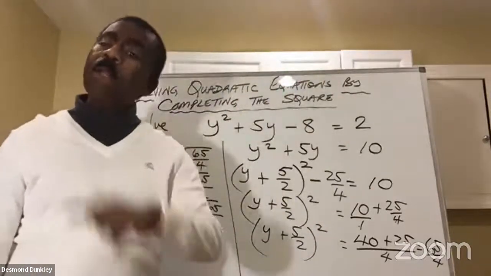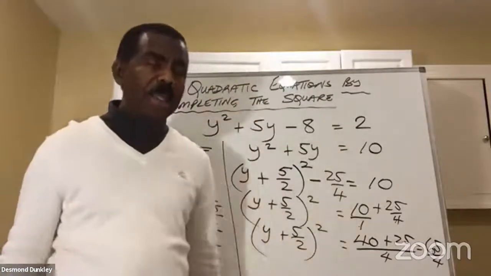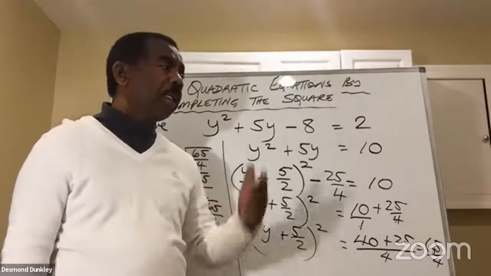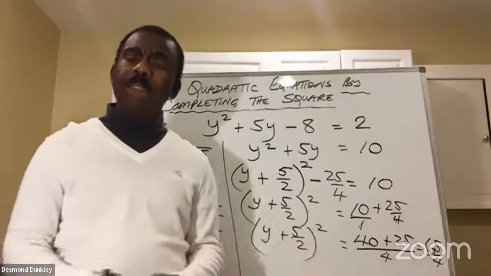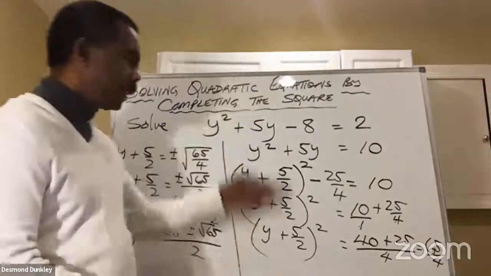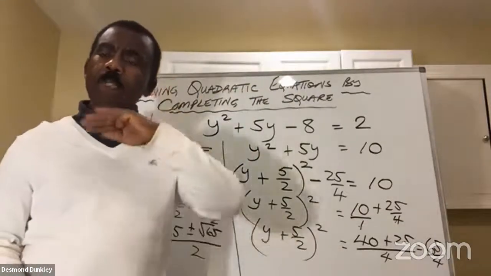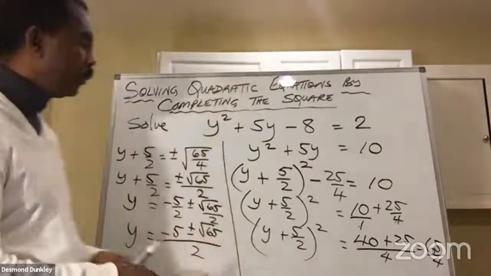Factoring can only be used to solve those quadratic equations that can be factorized. And graphing can only be used to solve quadratic equations that cut the x-axis. If it has imaginary solutions, it will not work. Whereas completing the square and the quadratic formula can be used to solve all quadratic equations. So it's good to know these tools.